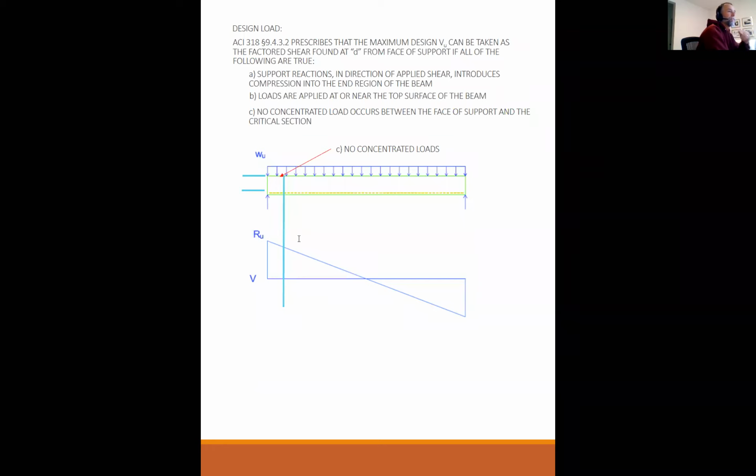I can design for VU, which is right there. If I design for VU, then I don't have to design for any load higher than this. So it basically takes the points off of your shear diagram. That's what it means.